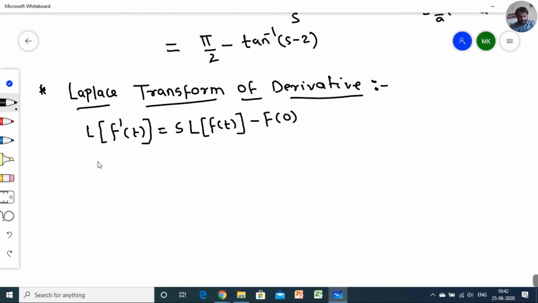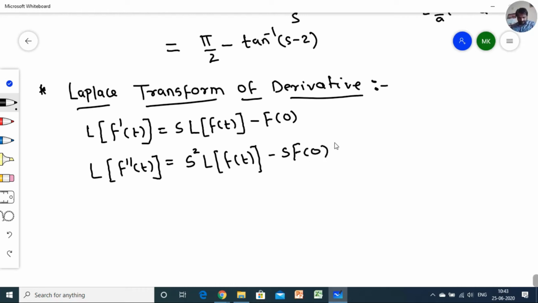Maximum, you can have a question asked for the double derivative. Laplace of f double dash of t is equal to s square into Laplace of f of t, minus s into f of 0, minus f dash of 0.